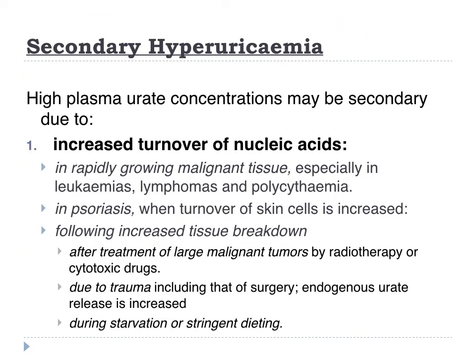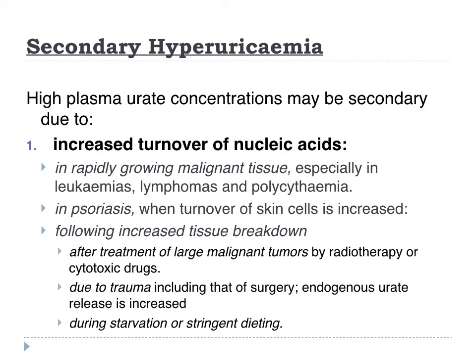Let's come to secondary hyperuricemia. High plasma urate concentrations may be secondary to increased turnover of nucleic acid. Increased turnover of nucleic acid comes from increased cell turnover. When does turnover occur? When there is some damage due to trauma, surgery, injury or cancer.